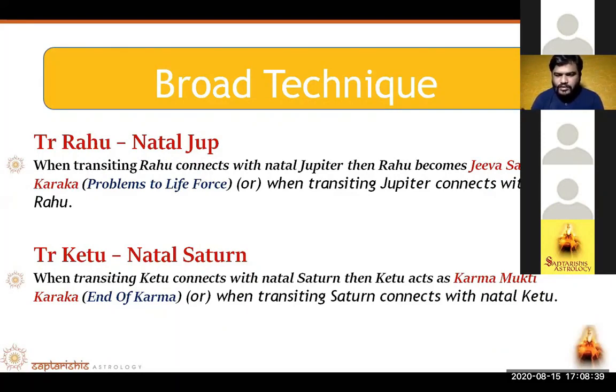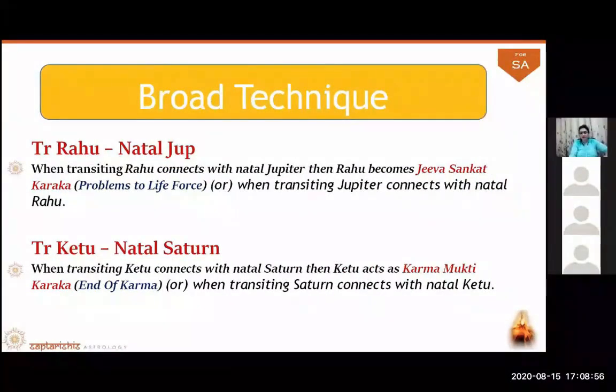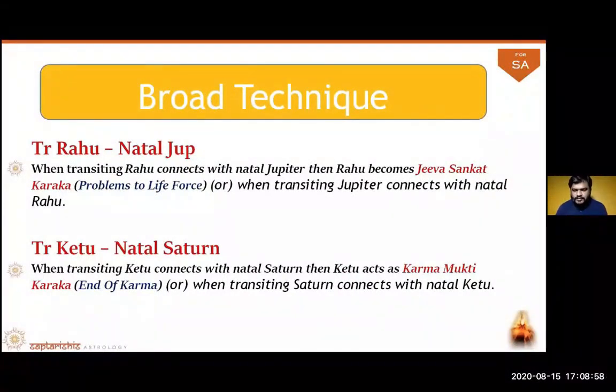Or vice versa, transiting Saturn connects with natal Ketu. So there are two techniques. The first technique is with Rahu and Jupiter. The second one is with Ketu and Saturn. Now we have to test these two techniques in different horoscopes and see the results.